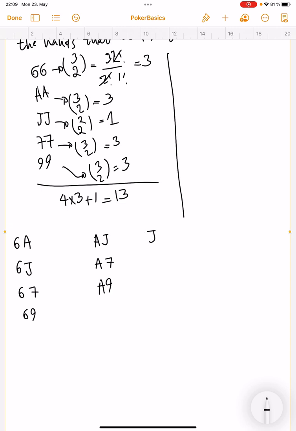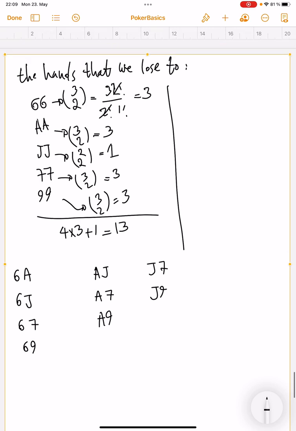Then they can have jack and 7, jack and 9, and yeah, these two combinations are unique. And then we have 7 and 9, right? So these are the two pair possibilities.